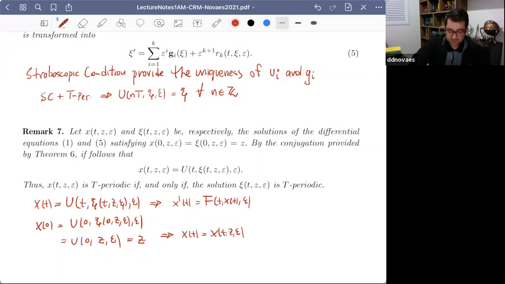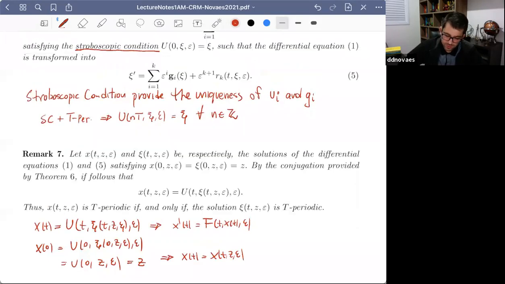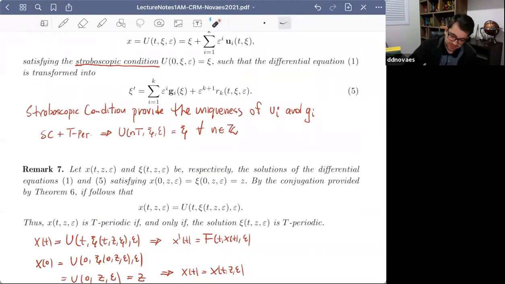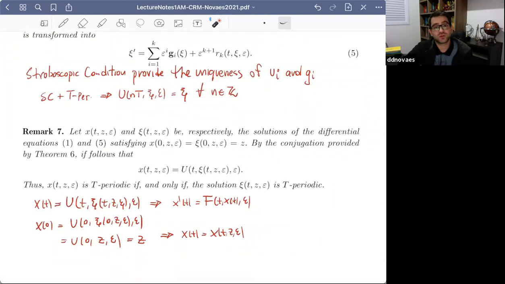Okay, this means that if we study the differential equation 5 and we discover an initial condition such that the solution of the differential system 5 is T-periodic, then for this same initial condition, the solution of the original difference equation, the standard one, is also T-periodic.